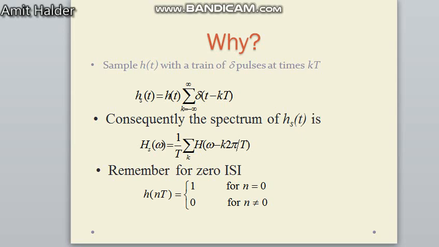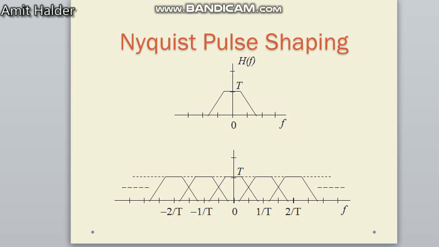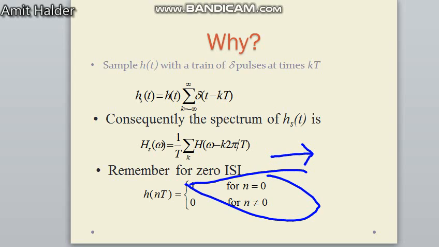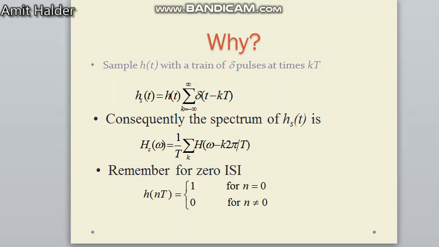Sample h(t) with a train of delta pulses at times kT. There is a train of pulses, as you can see. So why is it important?